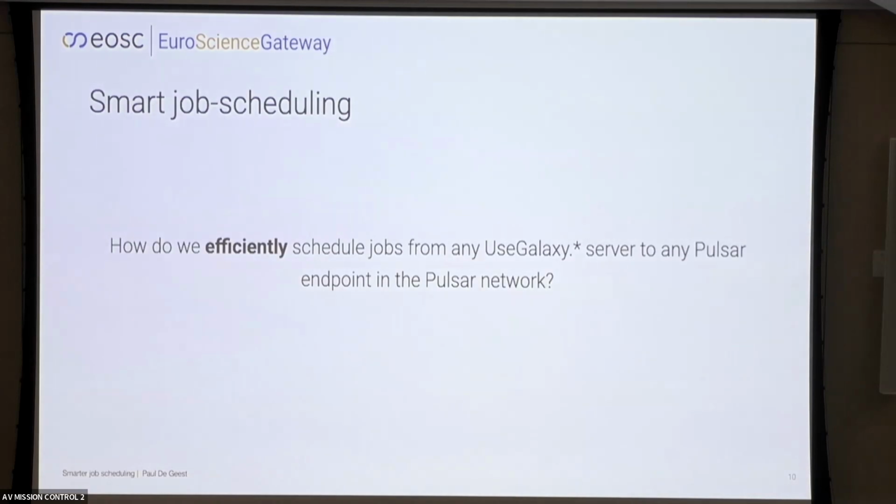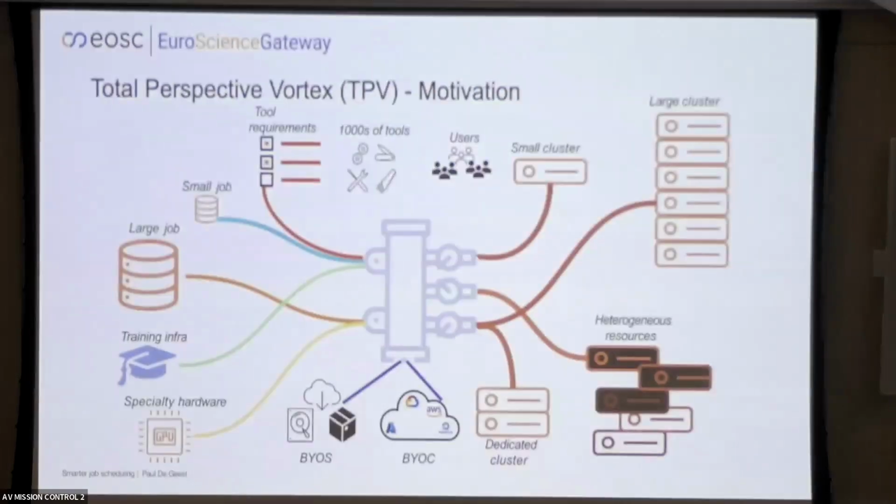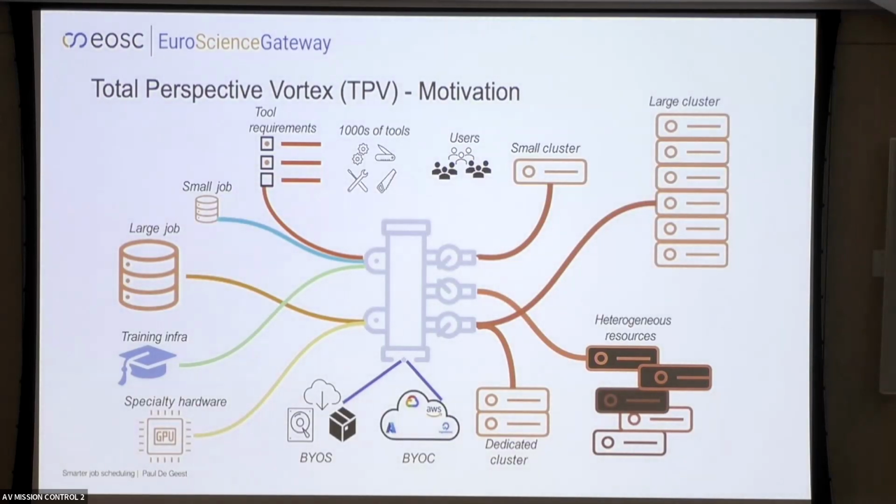But that aside, now how do we efficiently schedule jobs from a Galaxy server to this network? Firstly, the default way of doing this in Galaxy is through TPV. TPV has knowledge of all the registered compute endpoints, and it has the relevant job metadata.